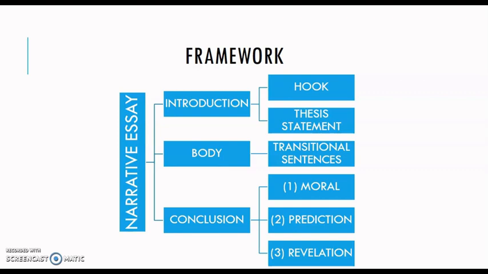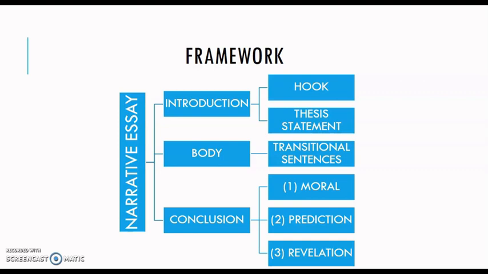In the introduction, we need to include a hook, something catchy so that our readers feel lured and attracted to our story and get ready to start reading. Then we need our thesis statement. The thesis statement generally works as a compass of the story. It is a sentence or two that lets the reader know the exact things they are going to read in the body paragraphs.